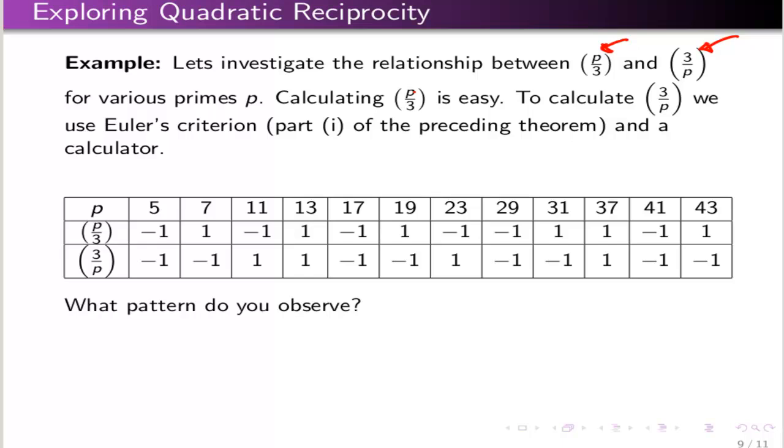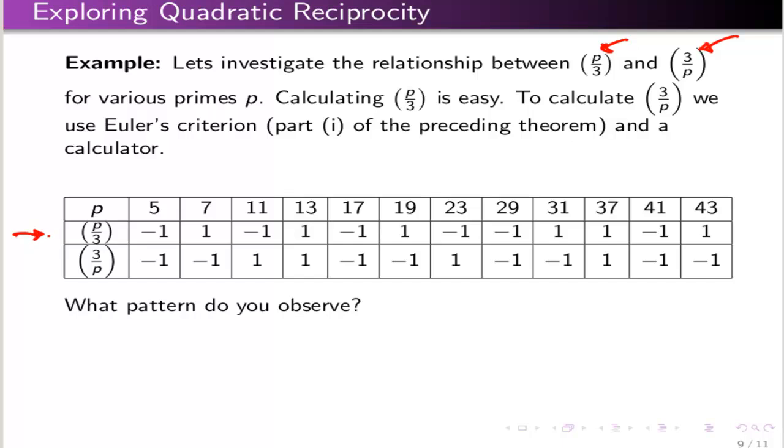So calculating (p over 3) is a very easy task. We just look at the residue class of p mod 3. So what are the perfect squares mod 3? You've got 1 squared, which is 1. 2 squared is 1. So for the only perfect square mod 3, you would have to have p congruent to 1 mod 3. So in this table, let's look at the first row.